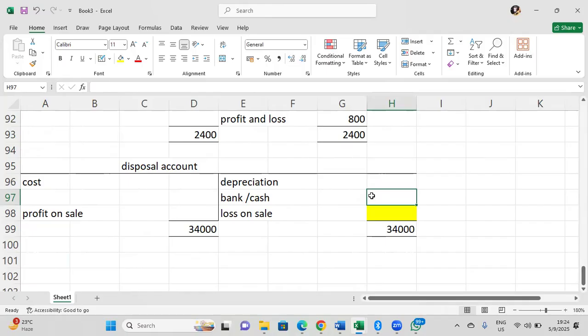So the difference can either be a profit on sale or it can be a loss on sale.